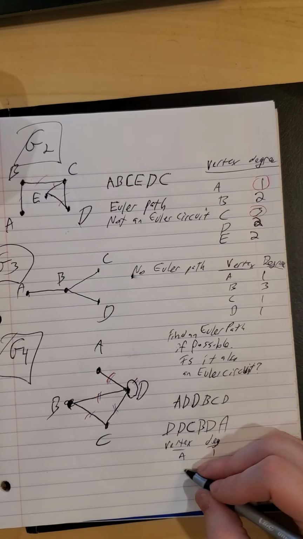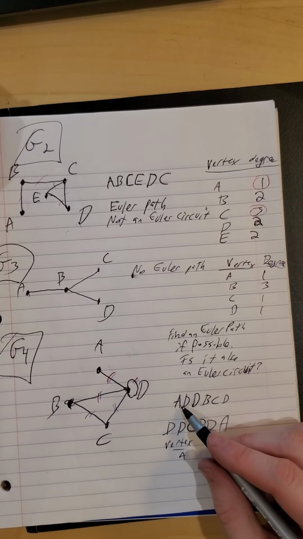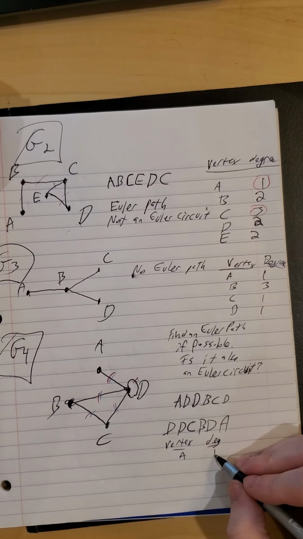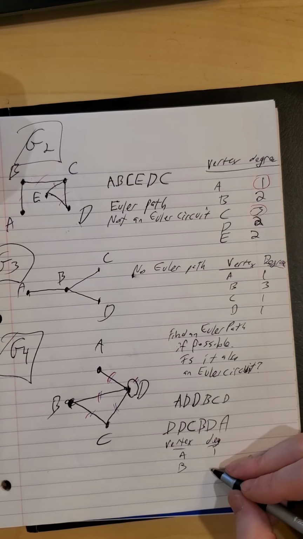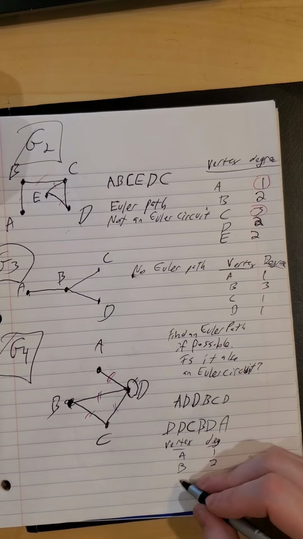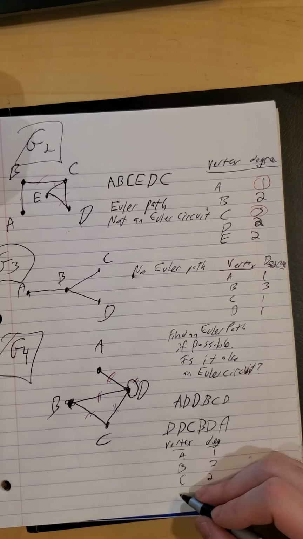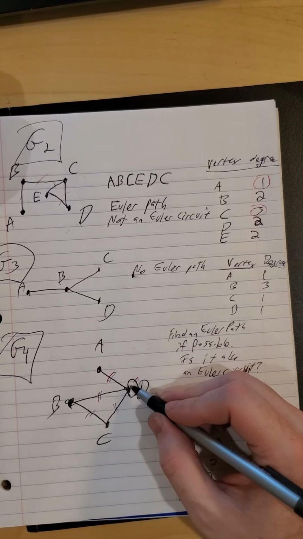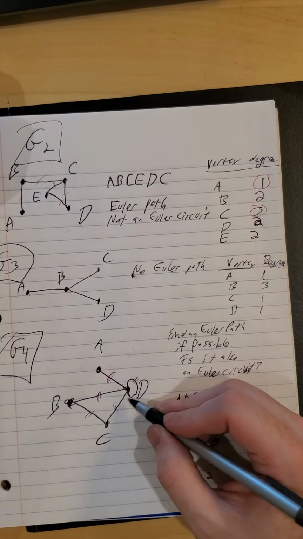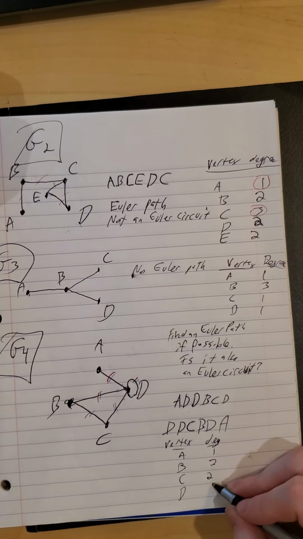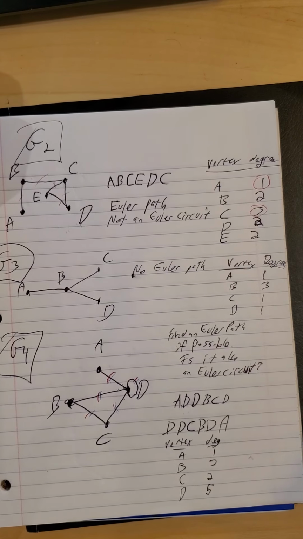A had degree 1, and notice that our Euler path either began or ended on that odd degree. B had degree 2, C had degree 2, and D had degree 5. So 1, 2, 3, and don't forget to count the loop twice for 4 and 5.